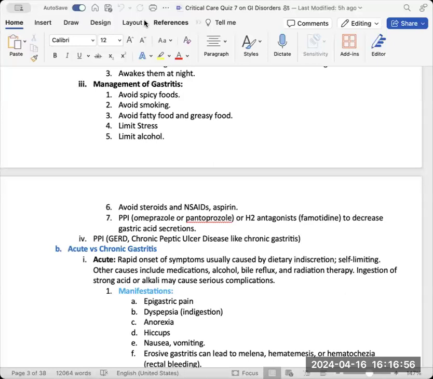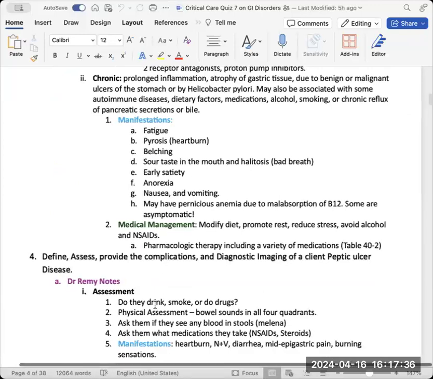PPIs and H2 blockers to decrease gastric acid secretions, and Pepto-Bismol, because the bismuth salts, salicylates, are really good because they help suppress H. pylori, especially with someone who has chronic gastritis, which actually helps in healing the mucosa of the GI tract. So that's what Pepto-Bismol does. And that's why it's also given as one of the triple therapies when someone has an H. pylori infection, because it just helps with the healing.